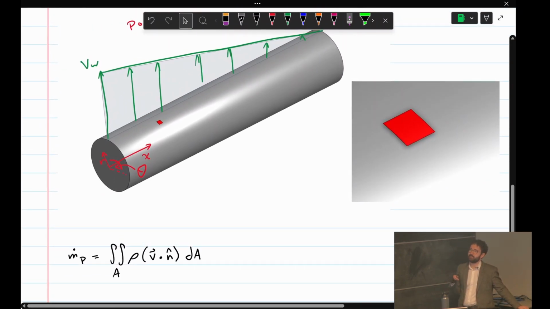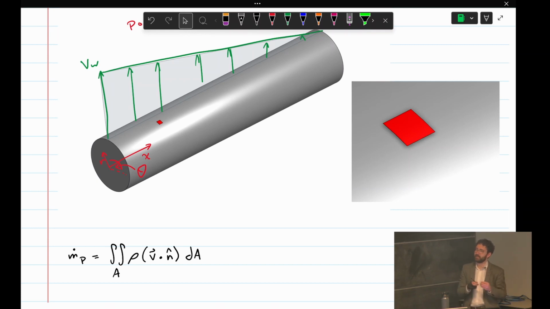This is a cylinder that's losing flow in all directions. I've just drawn one slice of the profile, but this profile applies over the entire cylinder. So this thing is losing fluid in all directions like that. That's nice from the perspective of our v dot n part.